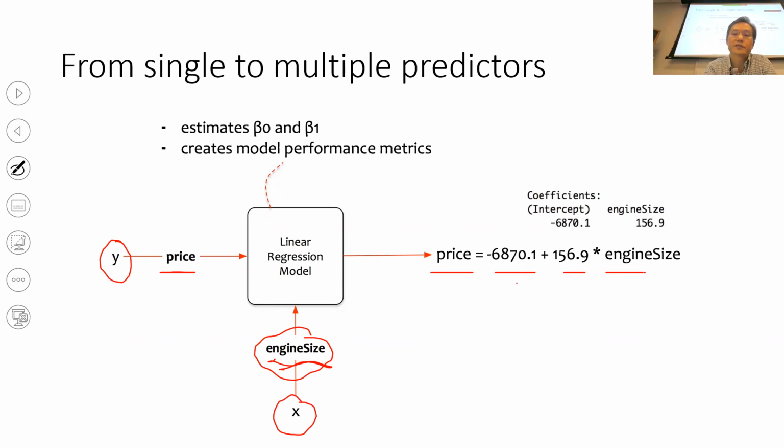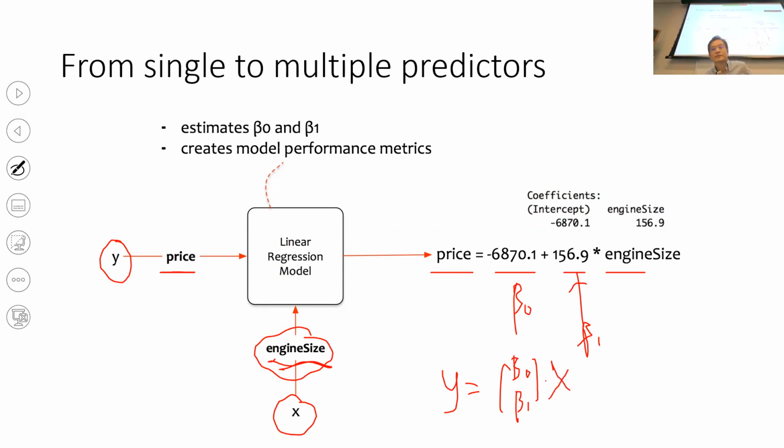In this case, this is beta 0, this is beta 1. So you have y equals beta 0 plus beta 1 x, where x is the engine size of your sample from different cars.